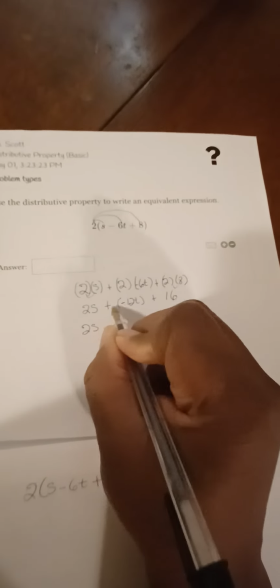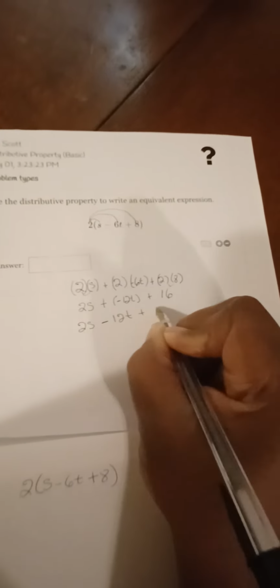Now we can write this out: 2s. A positive times a negative is a negative, so we have our 12t, plus 16.